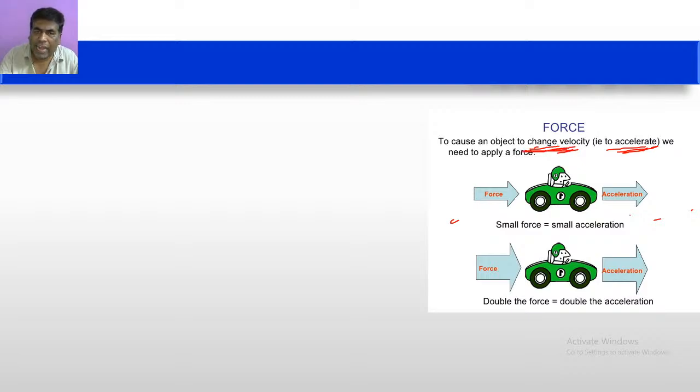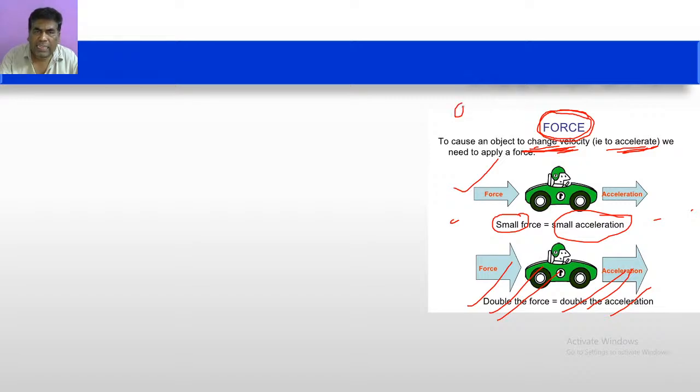How can we change velocity? By applying force. If we apply small force, there will be small acceleration. If we apply more force, there will be more acceleration. If we double the force, there will be double acceleration. If we triple the force, there will be triple acceleration.